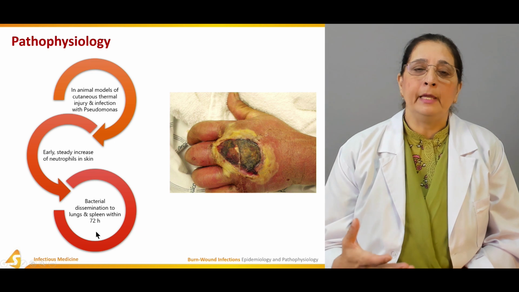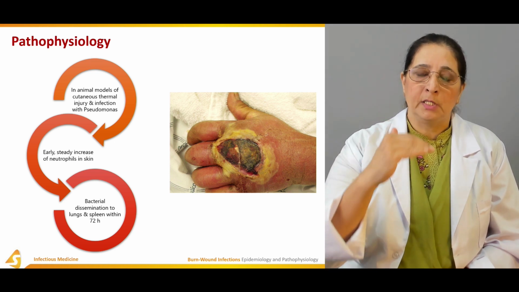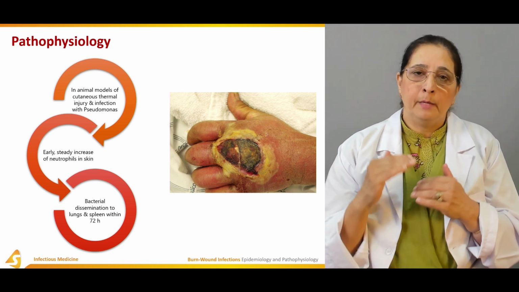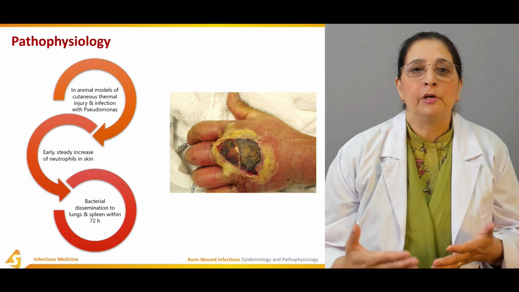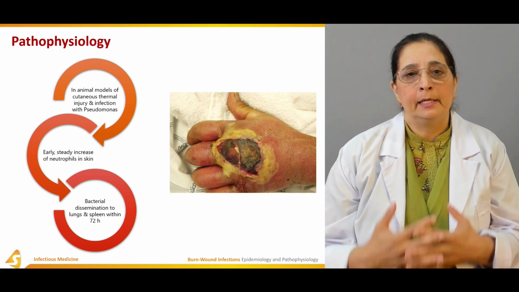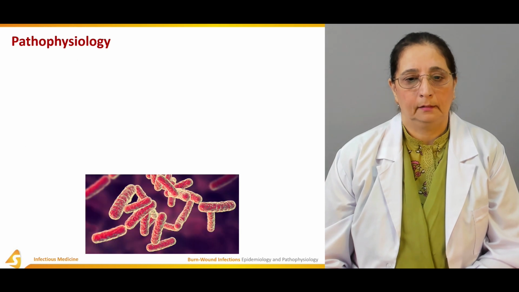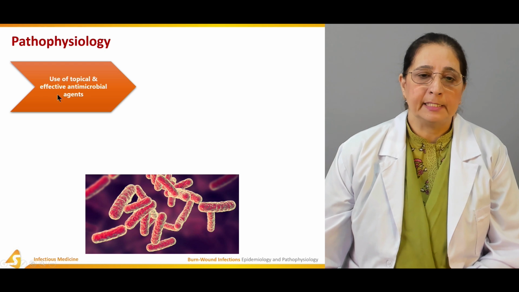And we already mentioned pneumonia is the topmost effect of the infection of the burn wound. Pneumonia occurs and then septicemia. Once the microorganisms spread to the lungs and the spleen, they affect those organs. Use of topical and effective antimicrobial agents.